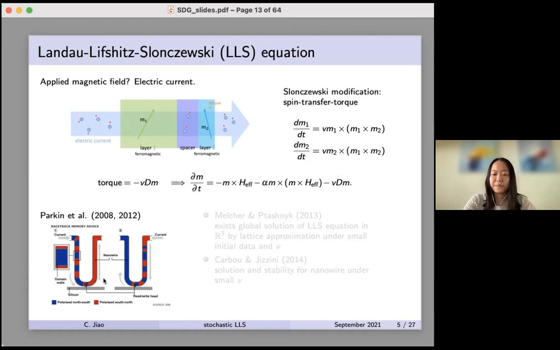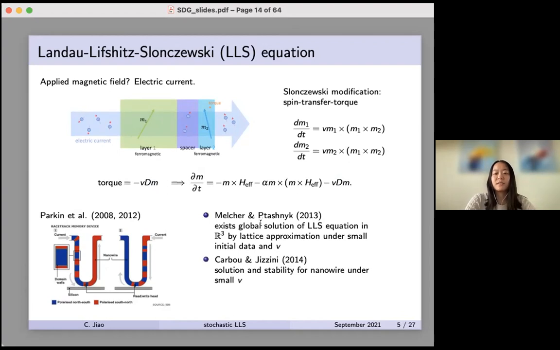In the literature, Melcher and Brzeźniak proved the existence of a global solution of the LLS equation in R3 by lattice approximations under small initial data and small currents V. Goldys and Jegaraj also studied the LLS equation on the entire real line to model an infinite nanowire.